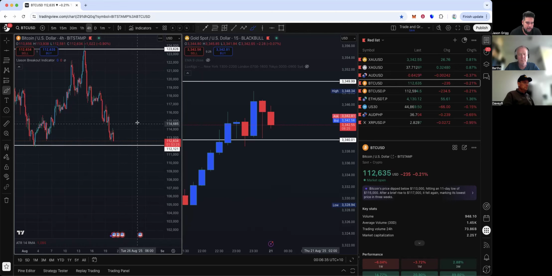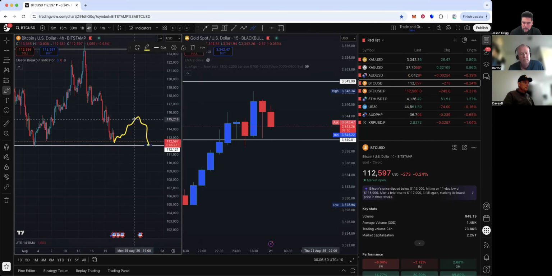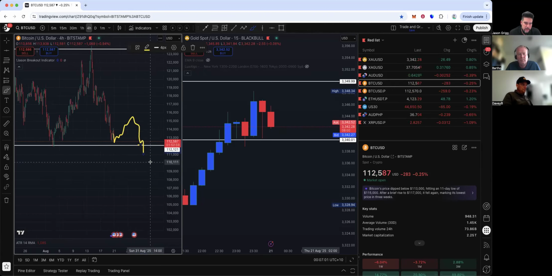We could easily recover out from here back to 115, 116, price comes back down, recover out to 115, come back down again. If it does for the third time, then there's probability. Every time we create these lower lows, it just means that there's no more buyers at this point in time. We're looking at selling the market, and then we tend to have the follow through of psychology.